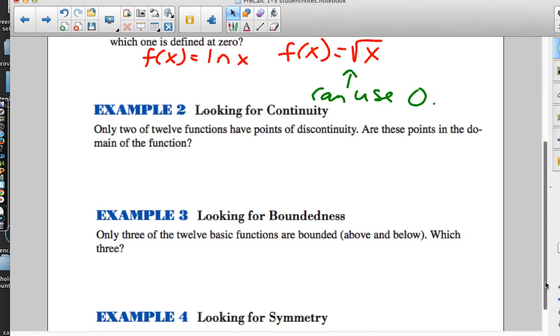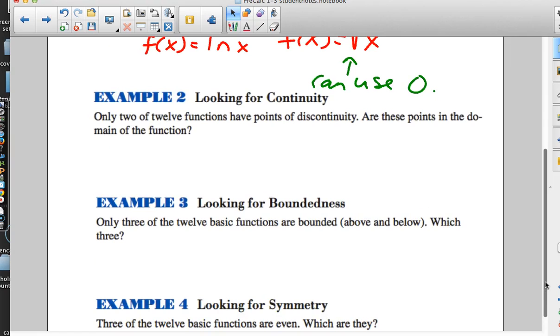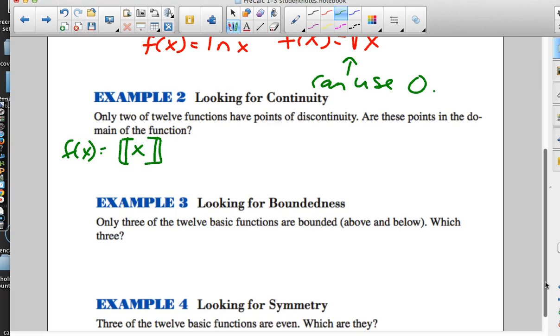Continuity. Only 2 of the 12 functions do have points of discontinuity. Which 2? Which 2 graphs would you have to lift your pencil up to graph? Definitely the greatest integer function. Yep.